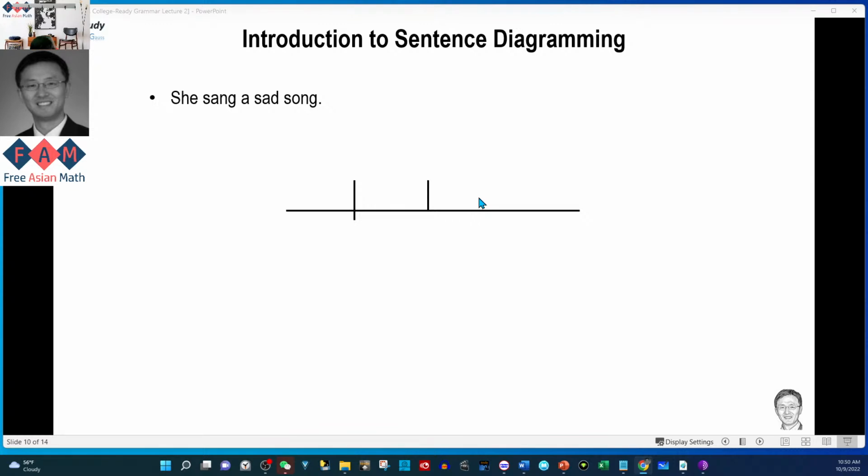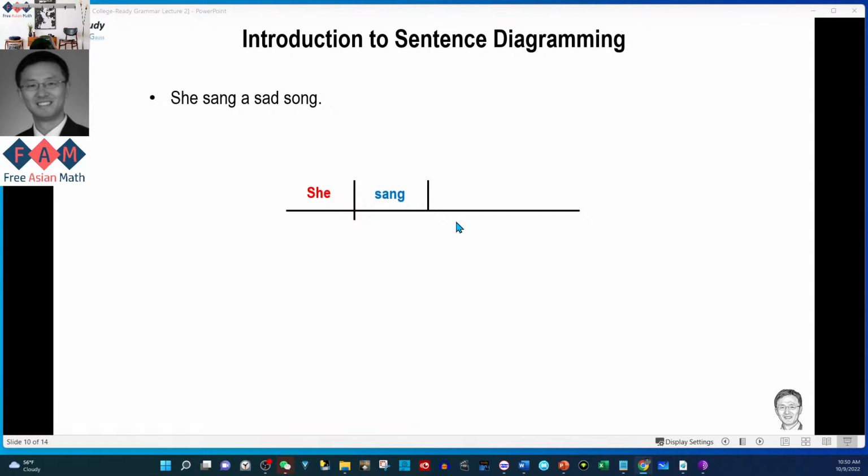Actually, you may already know what that is. I apologize again for the earlier mistake. It could be a slant, a backward slant diagonal bar. But for this one, it's a vertical bar. So "she" is the subject, so we put "she" there, on the left-hand side of this longer vertical bar, the first one. And then, not surprisingly, the verb "sang" will go into the next slot above the main line.